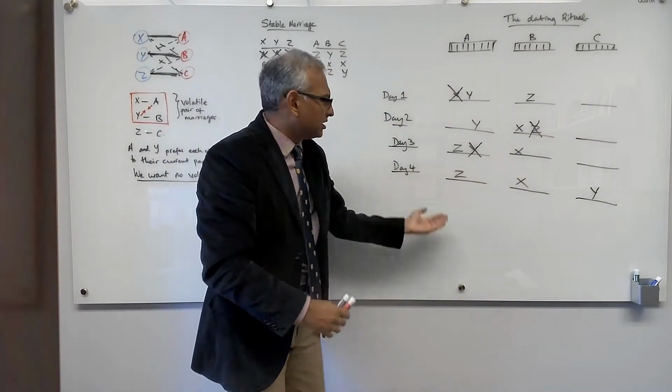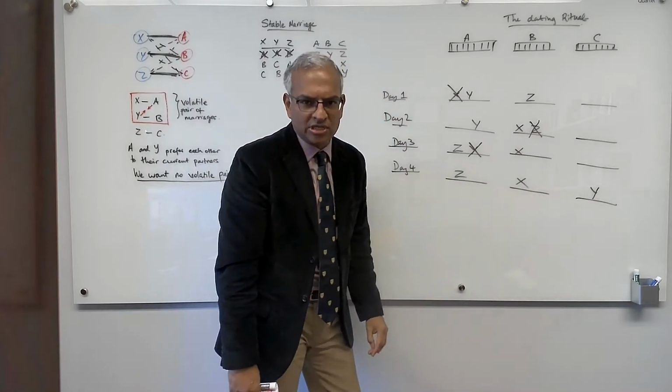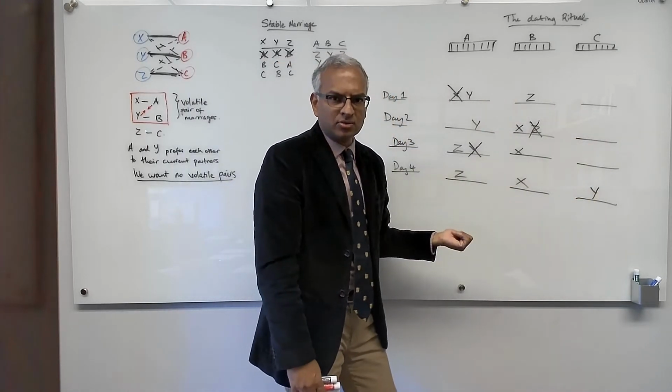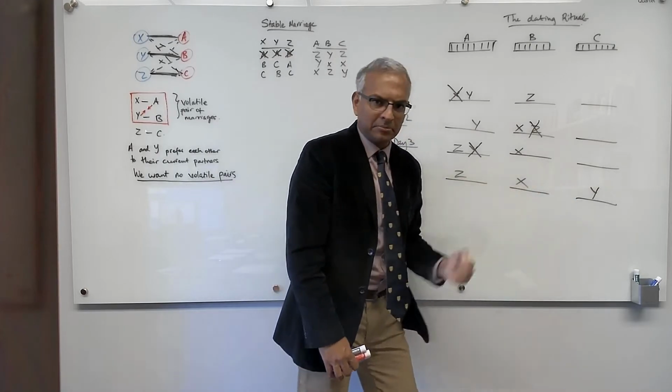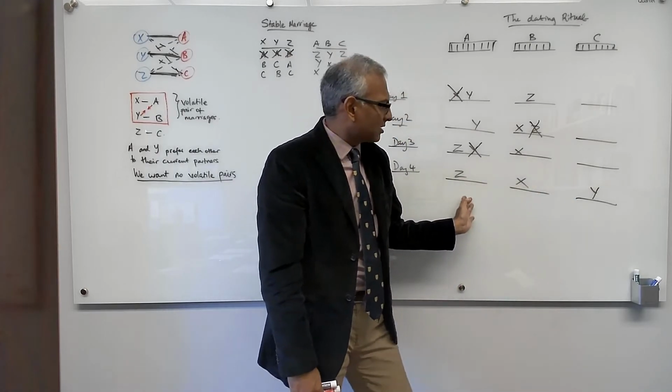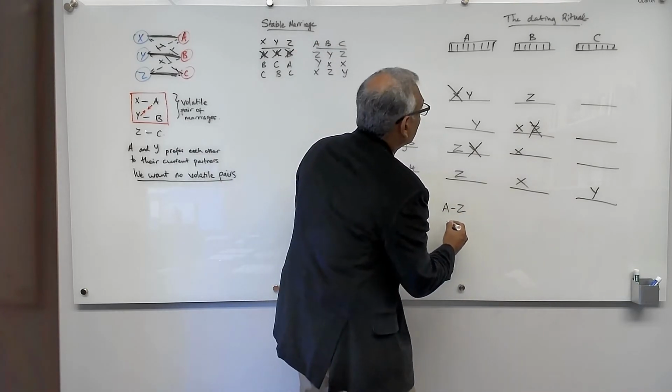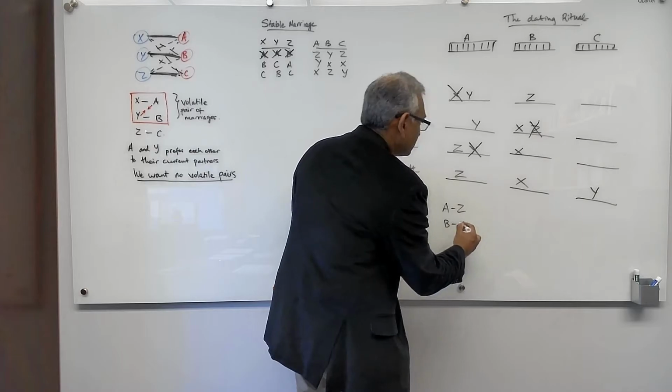Okay. And now you see the situation is never going to change, right? Because they will just each say, come back to their corresponding suitors, and we're done. We've hit an equilibrium.